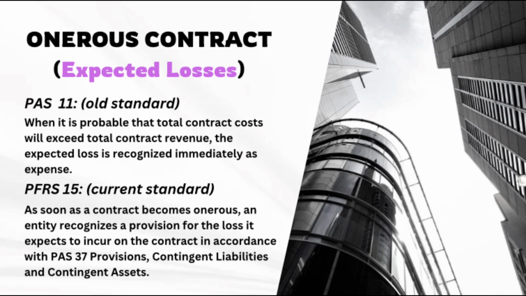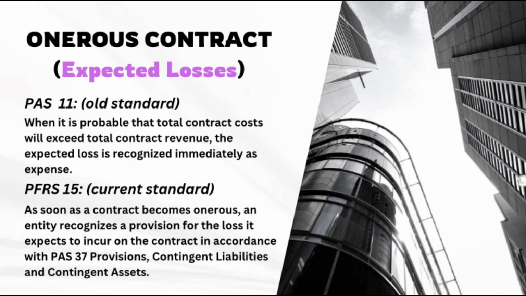In summary, while both PAS 11 and PFRS 15 deal with onerous contracts and expected losses, PAS 11 recognizes losses immediately, while PFRS 15 takes a more measured approach, recognizing losses at the reporting period's end and focusing on present value estimates of future losses.